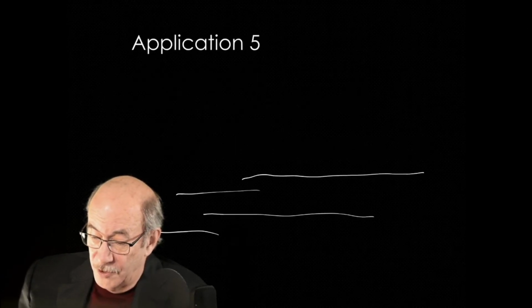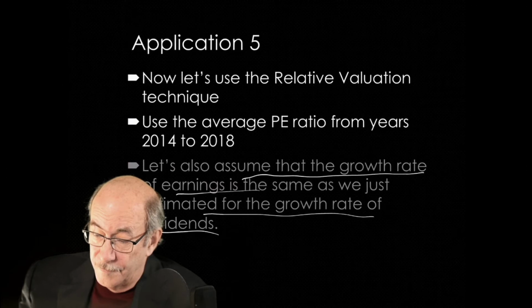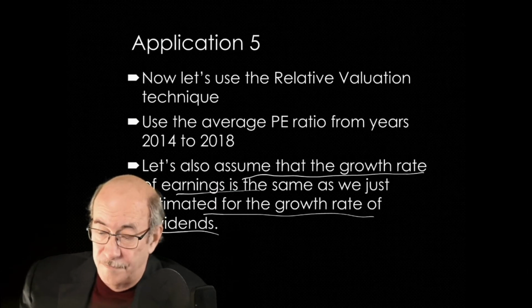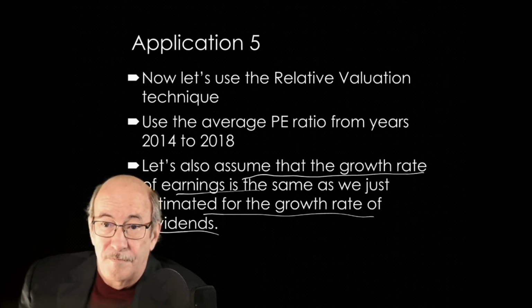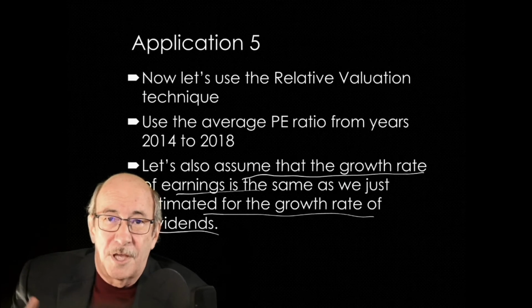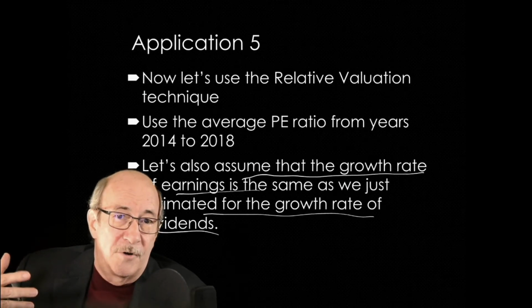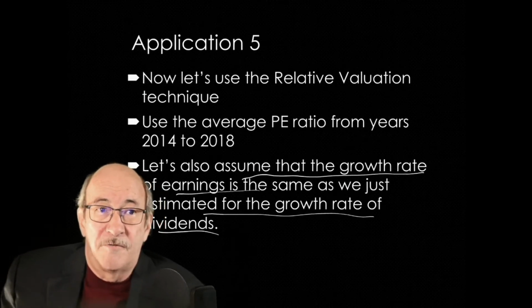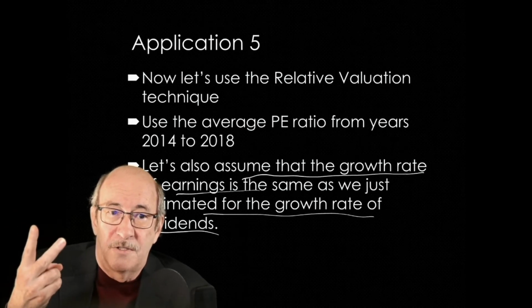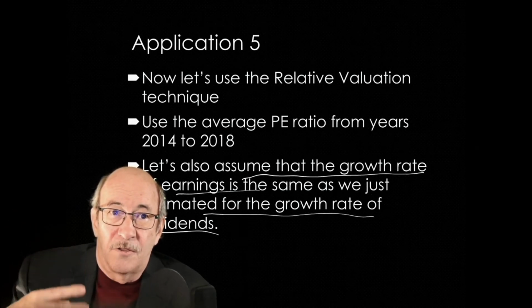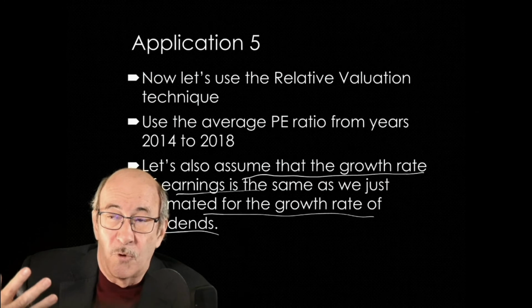And then we looked at relative valuation. And again, the things to keep in mind there, for instance, if we're doing the PE relative valuation, one of two ways to get the average PE that we're going to apply.